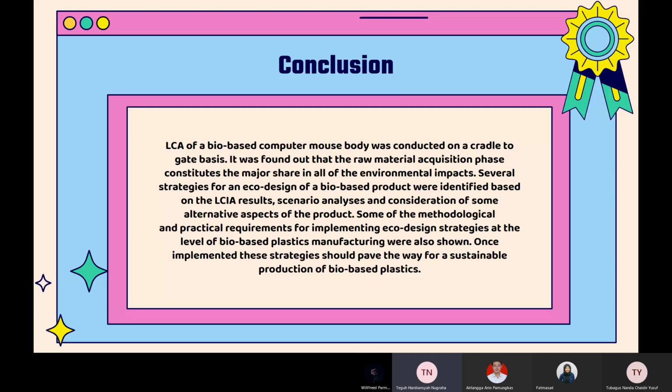Some of the methodological and practical requirements for implementing eco-design strategies at the level of bio-based plastic manufacturing were also shown in this article. Once implemented, the strategies should pave the way for a sustainable production of bio-based plastic.